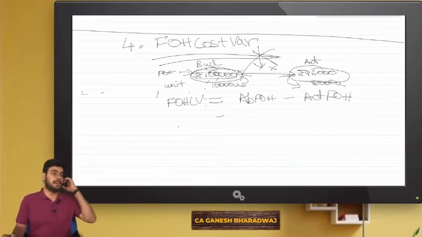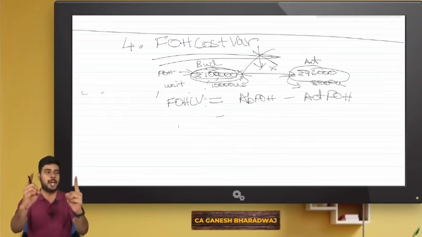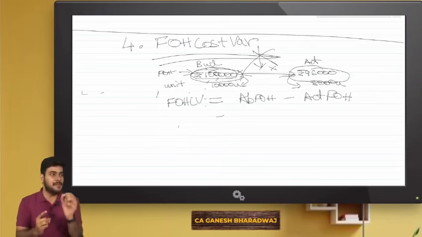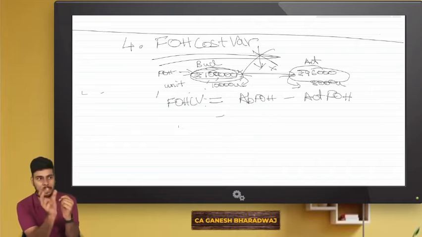When I compare absorbed with actuals, what is it called? Under or over absorption. So basically, fixed overhead cost variance is nothing but your under or over absorption. Are you clear with this?